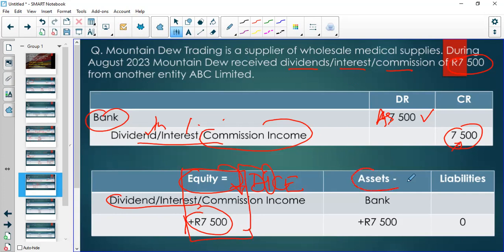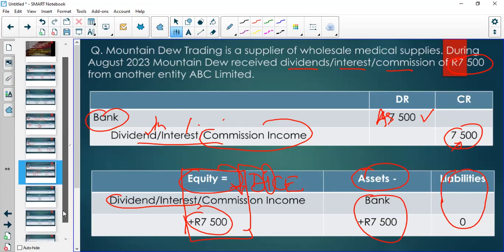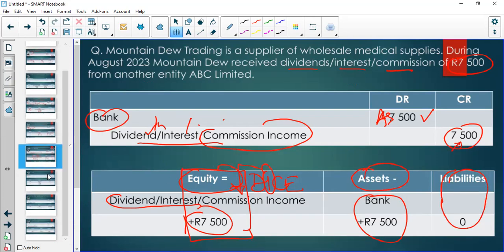And our assets have also increased. So our assets are always going to increase in the case of cash received. But of course, in this case, we don't have any liabilities, right? So I'm sure you can see this is very, very simple. So you need to know what's actually going on, who is involved, and how do we represent the transaction.